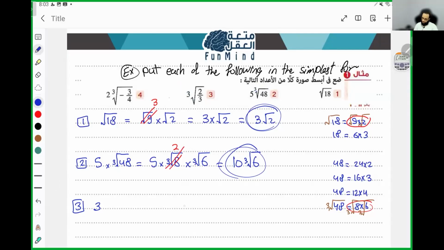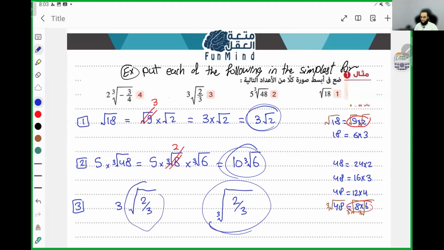Again, if you have something like that, 3 small and 2 over 3, this is cubic root 2 over 3, but this is square root 2 over 3 multiplied by 3.